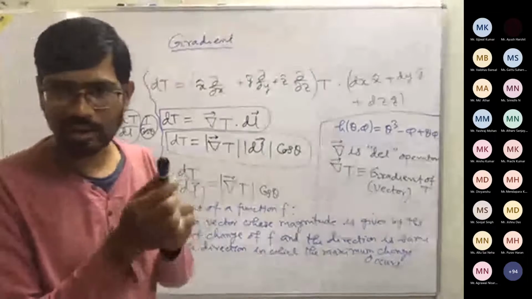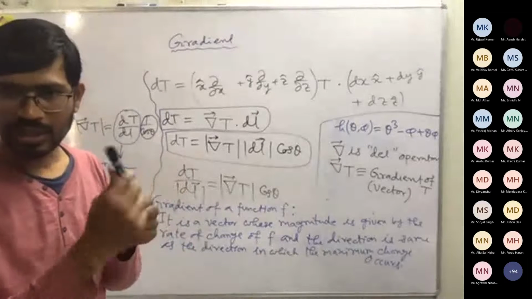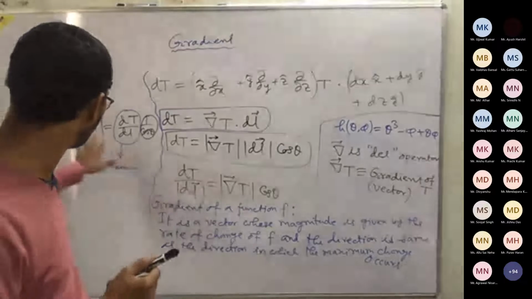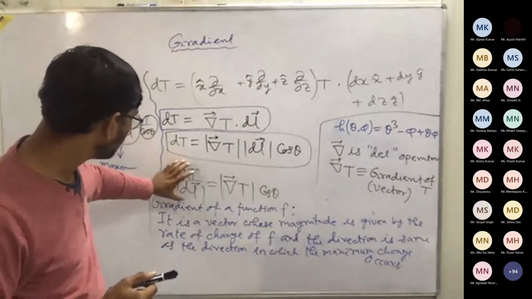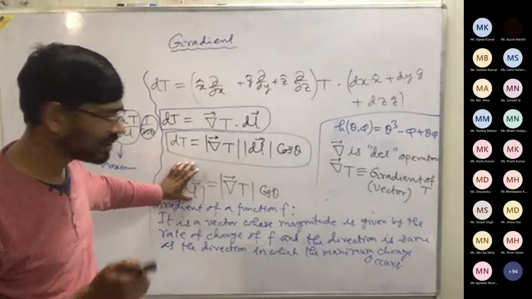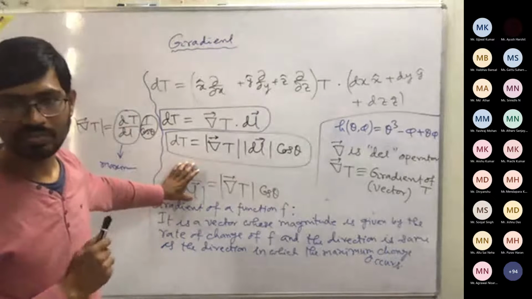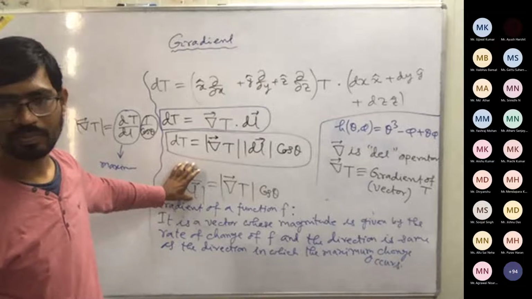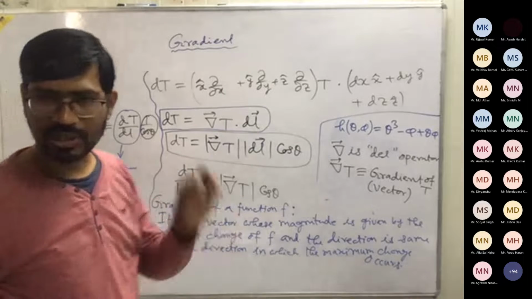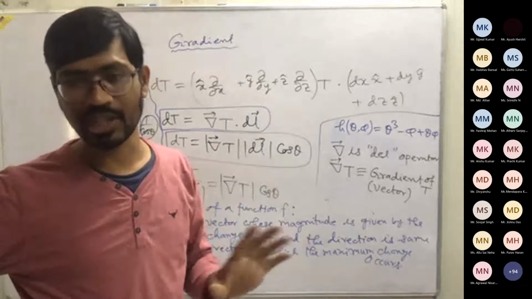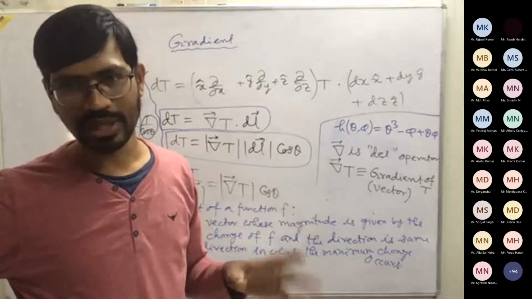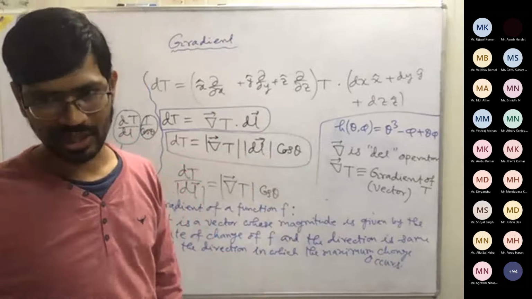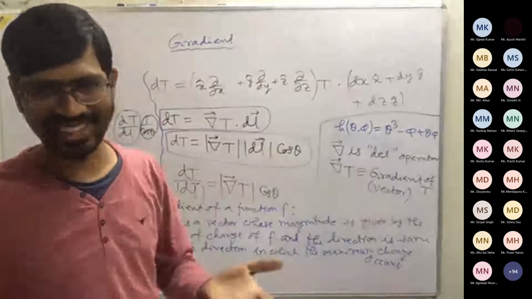Because of this angle theta, you will get different values of this quantity in different directions. So in Griffiths, there is a very nice exercise problem. Please do it. We usually put it in the assignment. Even if you do not want to, you have to do it.